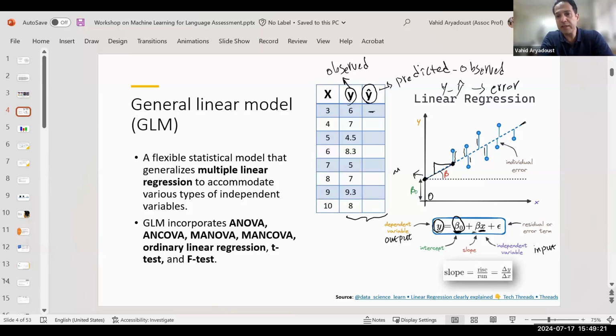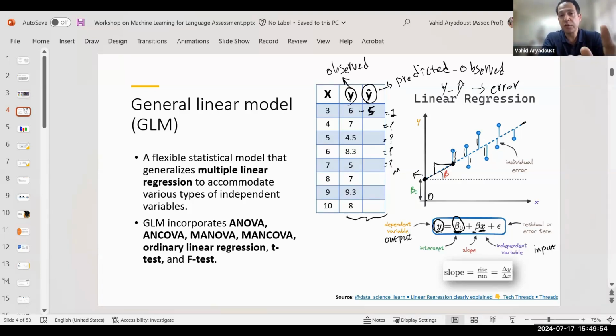Let's say the y hat here, instead of 6, is around, let's say 5. I may not be very accurate about this, it's not to scale, but let's imagine this is 5. Now, 6 minus 5 gives us 1, and this 1 is the amount of error just for this data point. In the same way, we can find out the amount of error for all other data points.